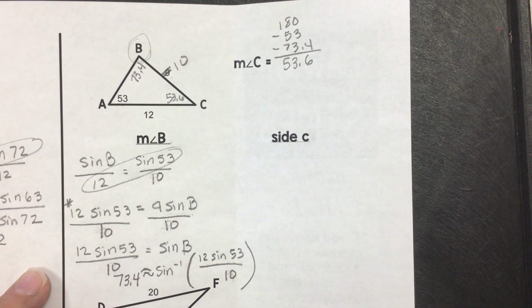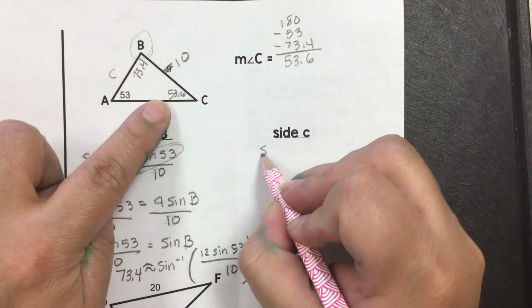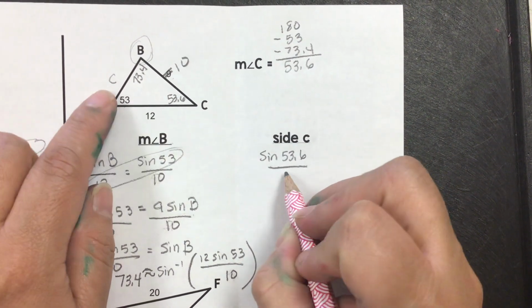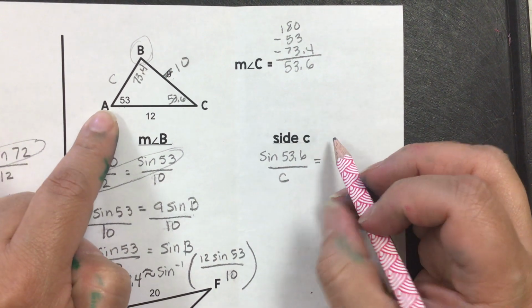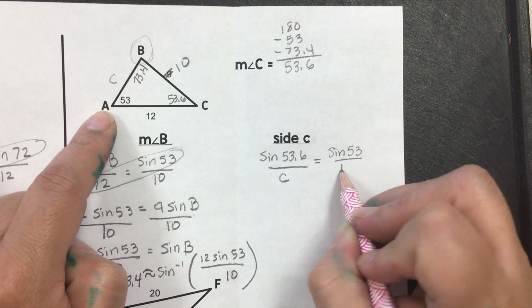To set up the ratio so we know the side C, we have to say that the sine of 53.6 divided by C is equal to, and we're going to still use A, sine of 53 divided by 10.